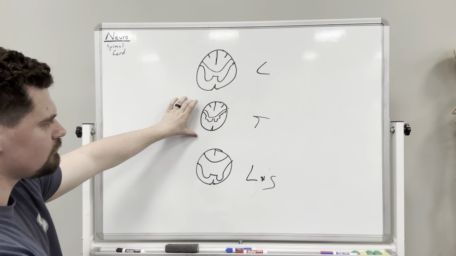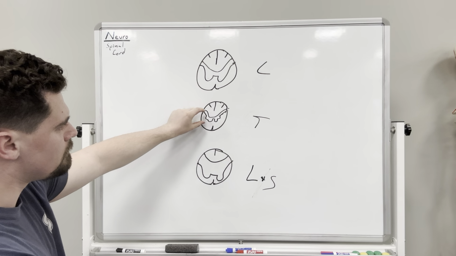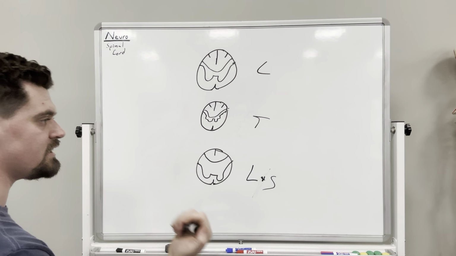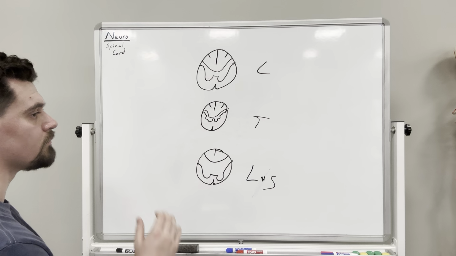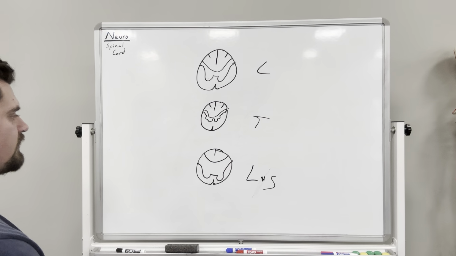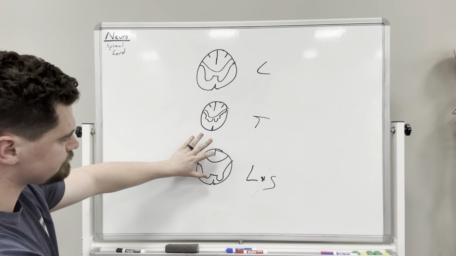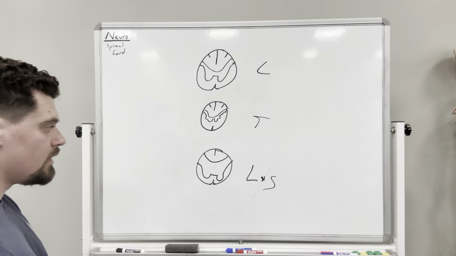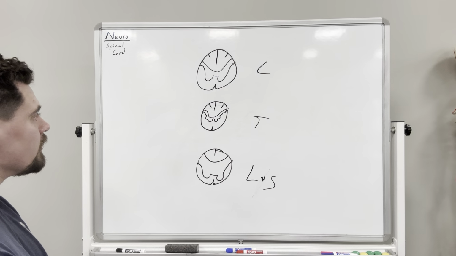In the thoracic, there's less white matter, but there's significantly less gray matter for that same reason. There's not nearly as many muscles to control. And then lumbar sacral, there's significantly less white matter, but we have a lot of muscles that we have to have control over in our lower extremity, so then the gray matter is so much bigger.